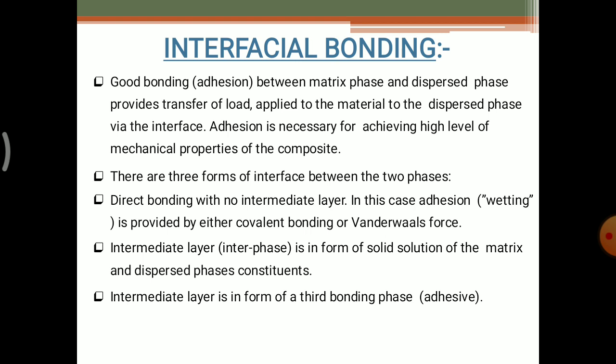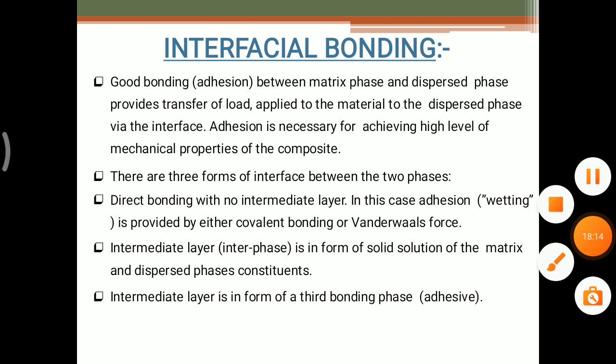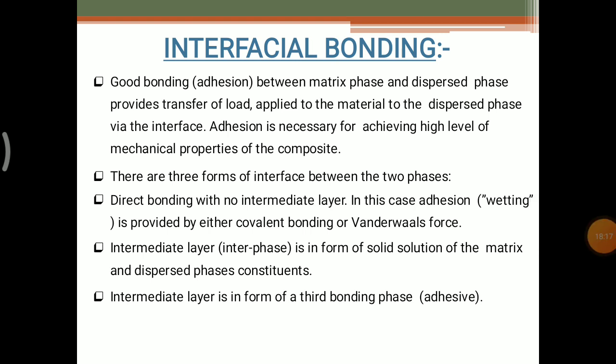So in this, the intermediate layer is in the form of a third bonding phase, but in the second type it is known as the interface, and the first one is known as the wetting phase. So these are the three forms of interface between the two phases which we have observed.